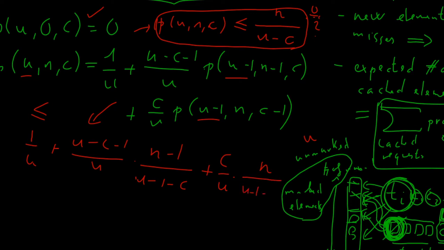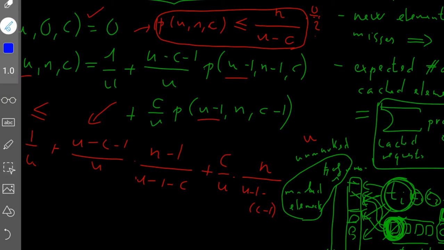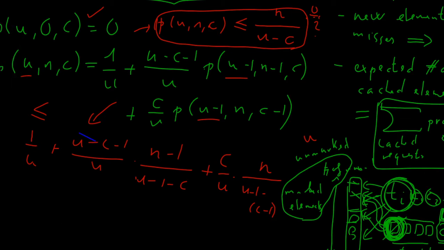Now that seems to be a complicated expression, so let's try to simplify it. For example, U minus C minus 1 is the same as U minus 1 minus C, and that is great.